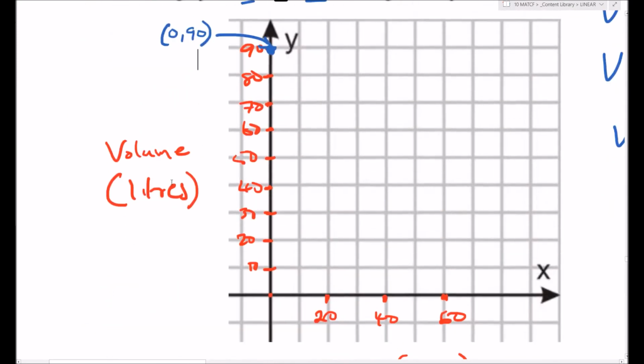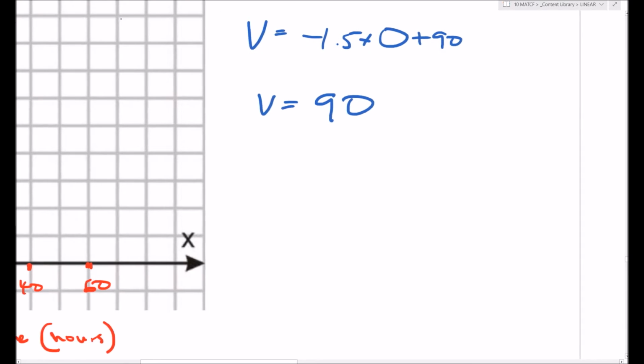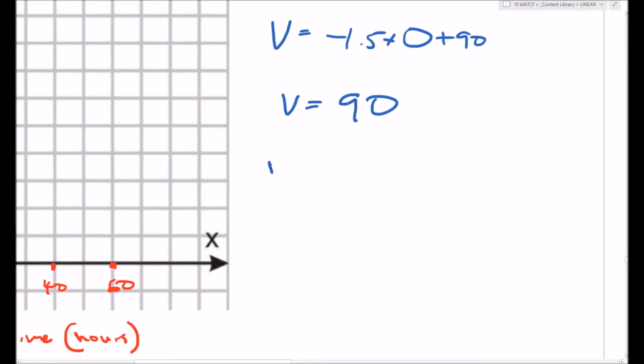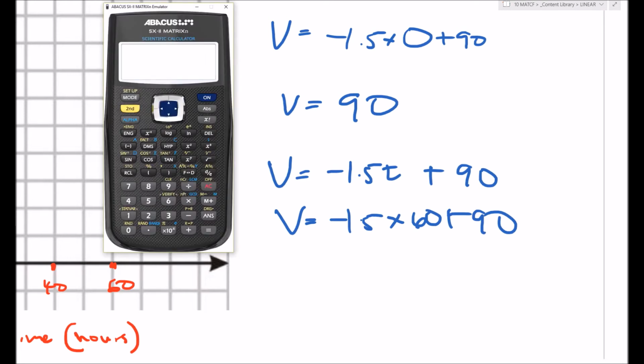Okay, the next thing I can use to figure out the next point is 60. So if I change my formula again, v equals negative 1.5t plus 90, and I change t to 60, I'll get my next endpoint: negative 1.5 times 60 plus 90. Okay, put that in my calculator. Interesting how your calculator turns off, right?